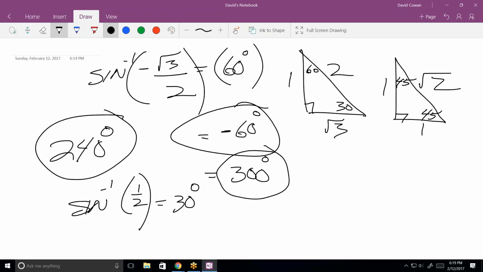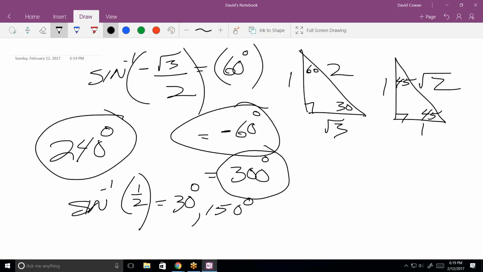It's not going to also give you 150 degrees, despite the fact that the sine of 150 degrees is also positive 1/2. In other words, it does not give you all the answers in the unit circle. And it's important to understand that. It only gives you two of them.